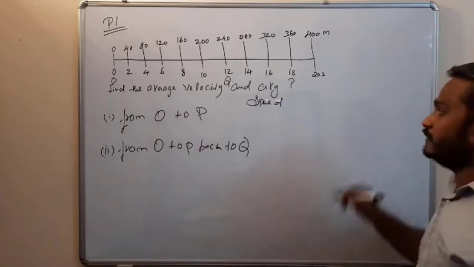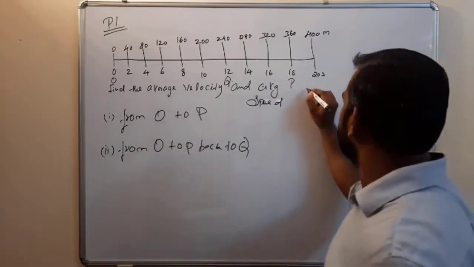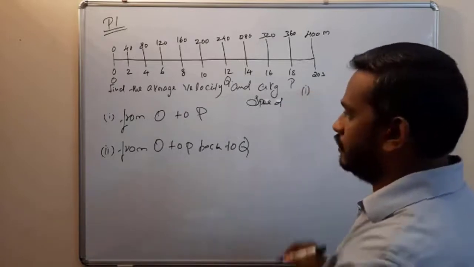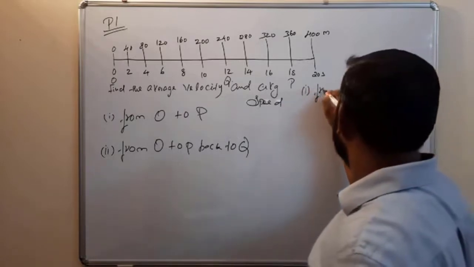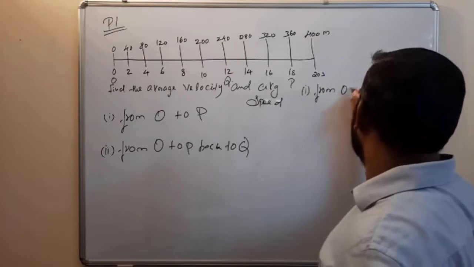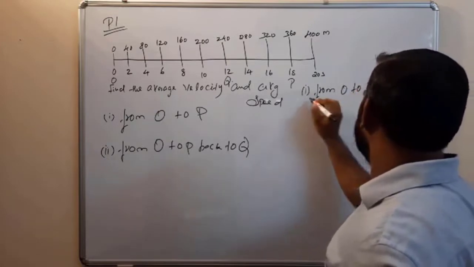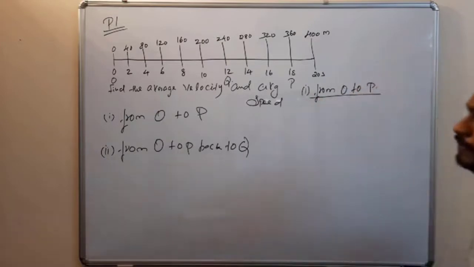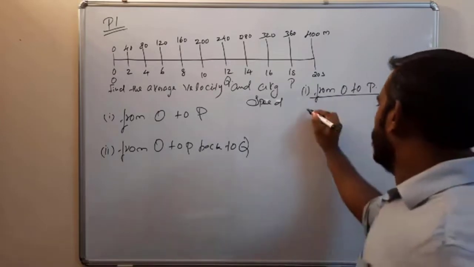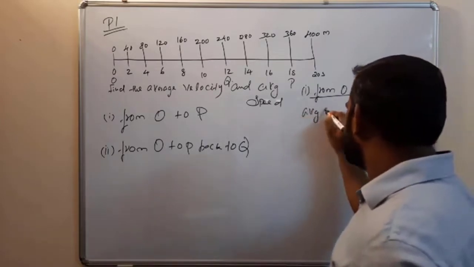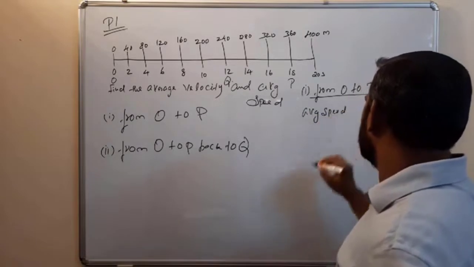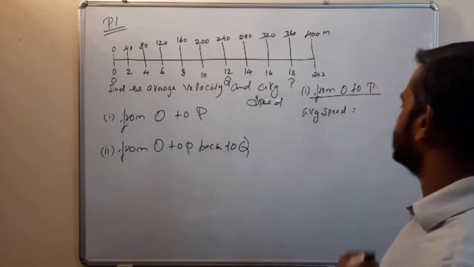Okay. So first case, case 1, from O to P. Average speed is equal to, what is the formula?